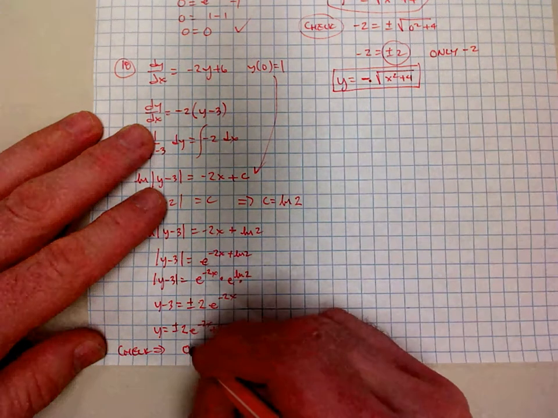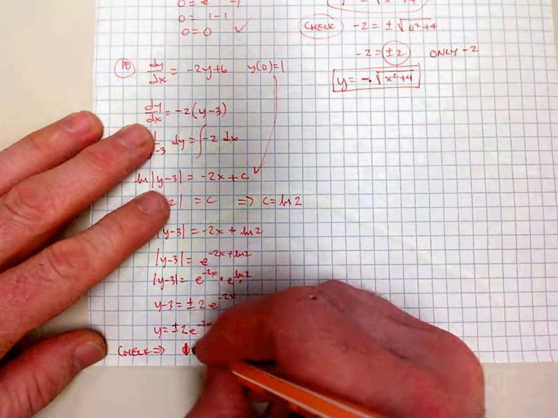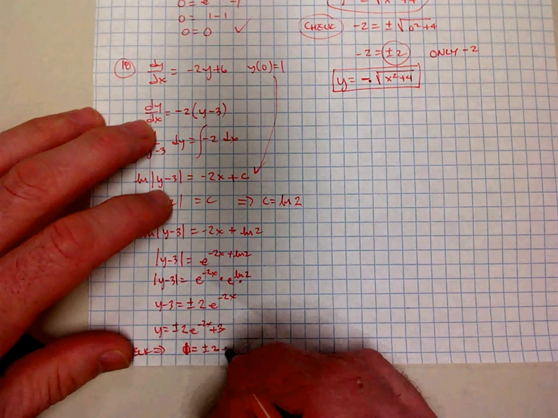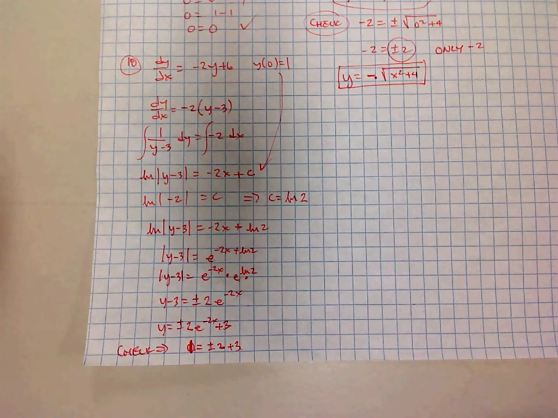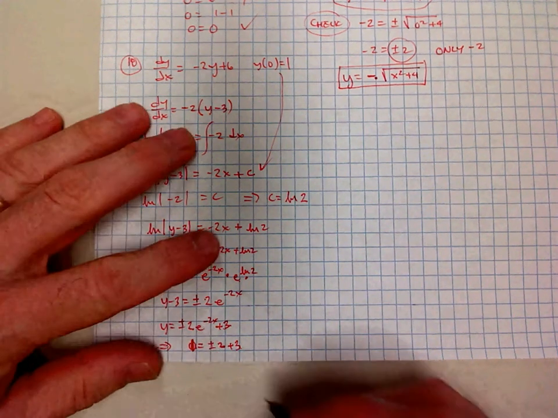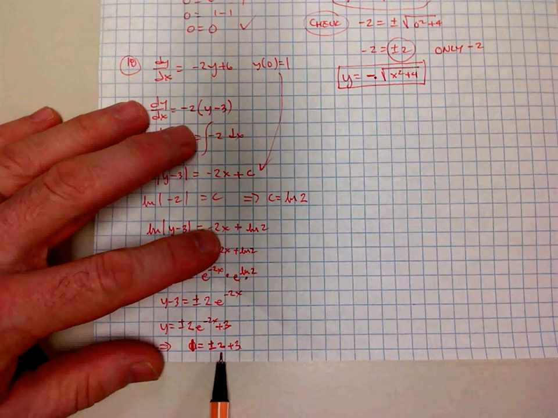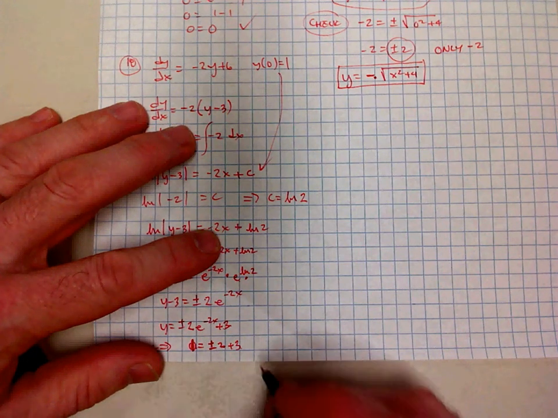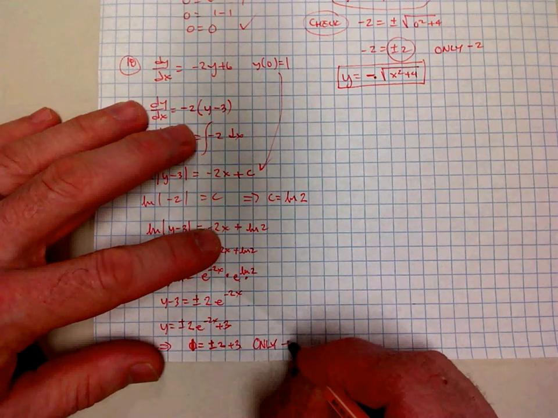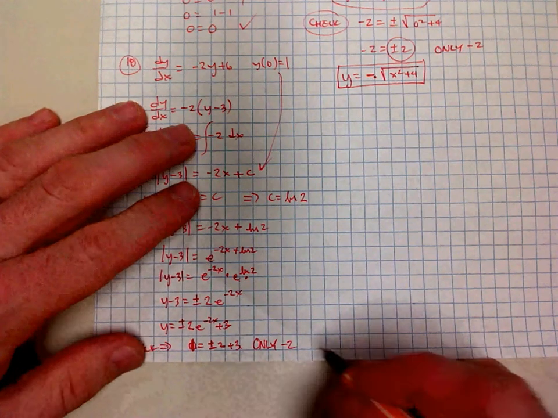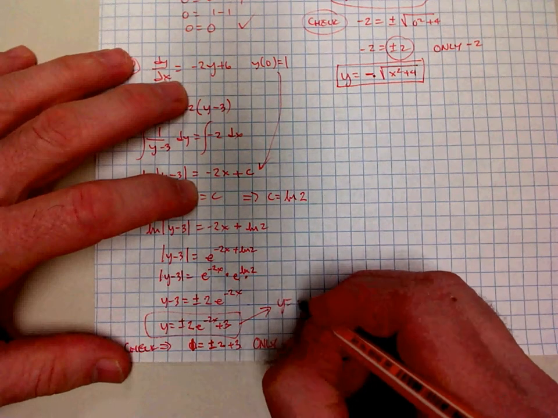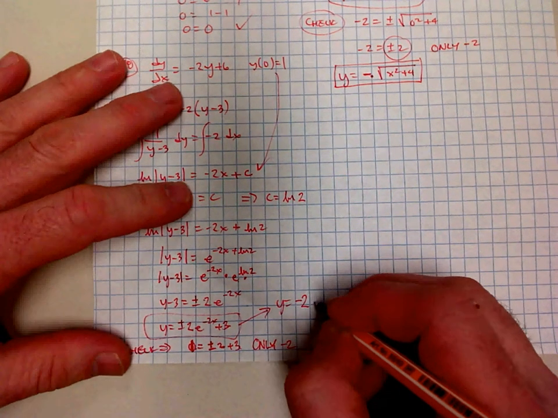So this would be e to the 0, which of course is 1, and that will give us 3. And yeah, let's think about this. If we want to get 1 out of this, the only one that's going to work is the negative 2, not the positive. So only negative 2 works in this one, which means the plus or minus equation is not true, but y equals negative 2 times e to the negative 2x plus 3. That is our final answer.